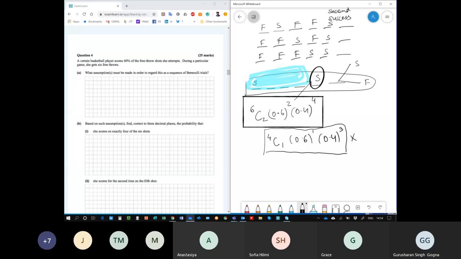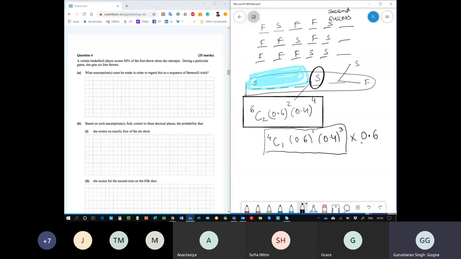Multiply by, that's the probability of one success, but you want a second success. And what is the probability of the second success? 0.6. So exactly one success in the first 4 throws, followed by success on the 5th attempt.